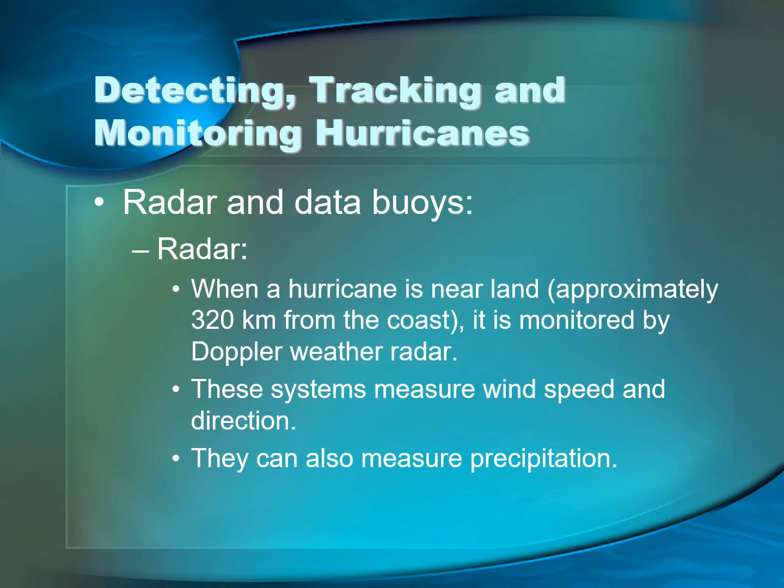When the hurricane is relatively close to land, say within 320 kilometers, it's close enough to be monitored by Doppler weather radar, which is what we use on a daily basis, monitoring our mid-latitude cyclones and anticyclones that come across the United States all the time. Our Doppler radar is measuring wind speed, direction, precipitation. I don't know if they're able to get air pressure from Doppler radar. That's a good question.